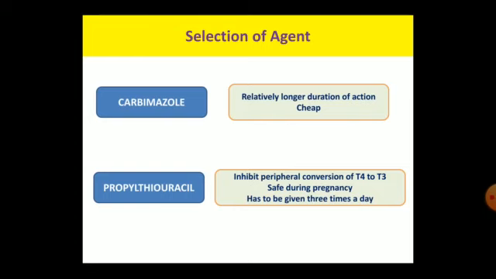So here again our aim is not an emergency condition, not pregnancy, and that's why for long-term control we have to go for carbimazole because of its relatively longer duration of action, and it is cheap as compared to propylthiouracil.